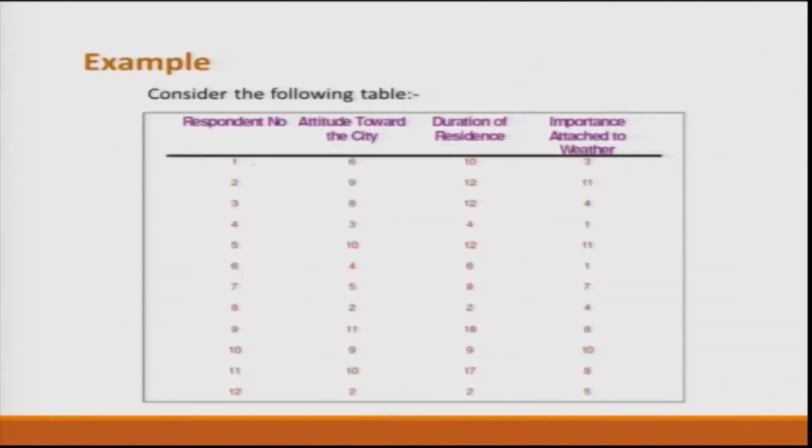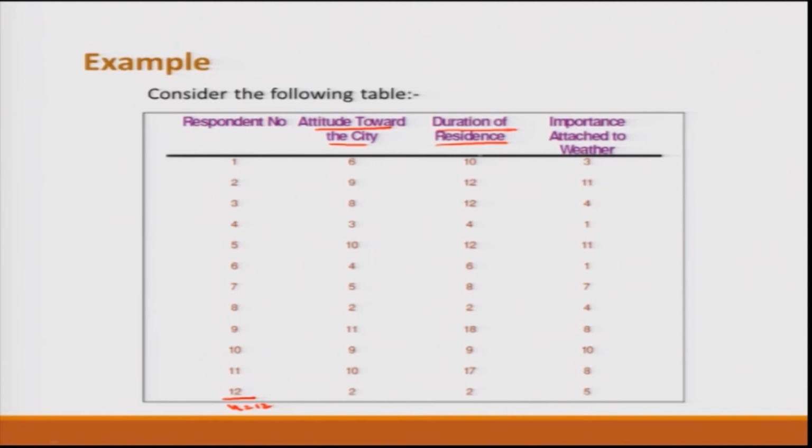So, we have the respondent numbers here. There are 12 respondents. Attitude towards city is scaled here, and duration of residence in the city is given. Importance attached to weather is given. There are 3 variables and n is equal to 12 here. So, let us try to find the correlation between the attitude towards the city and duration of residence.